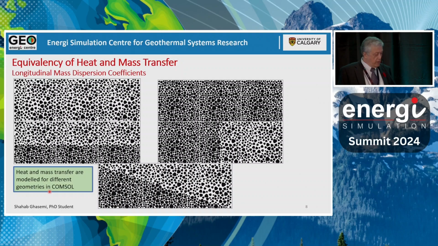So what we have here is a set of 5 different patterns that correspond to 5 different geometries of pore space, and we're going to do heat transfer flow calculations and mass transfer flow calculations in those. And again, using COMSOL.